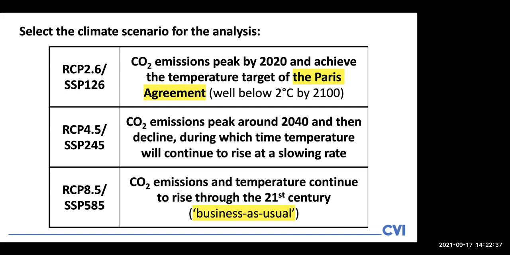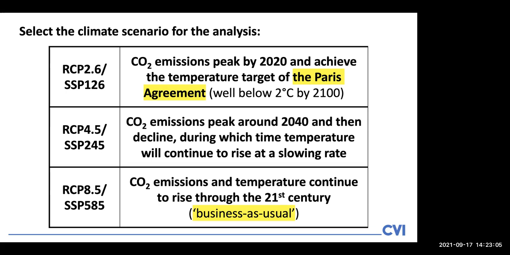The term RCP, representative concentration pathway, and the number associated with it is a reflection on the radiative forcing that's involved going forwards into the future. So 2.6 is a lower level of radiative forcing, 4.5 is higher, 8.5 is higher again.